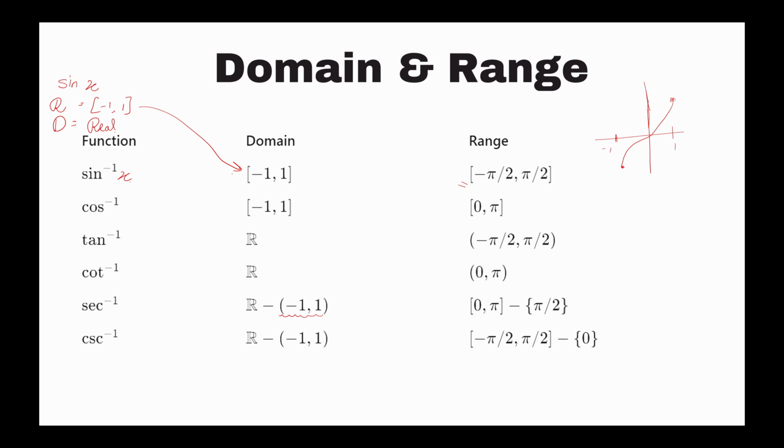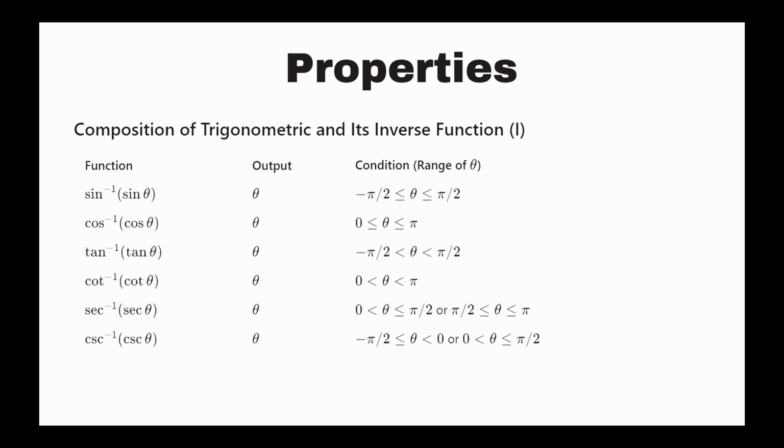So this is how the domain and range of an inverse trigonometric function vary compared with the trigonometric function. Now let us look at a few properties. These are properties whose conditions are the most important thing that you must remember, because I hope you remember that in trigonometry we looked at questions where they used to give us a very long trigonometric equation, and ask us the number of real solutions for this entire function, right?